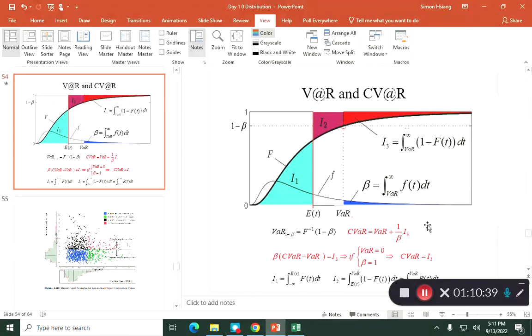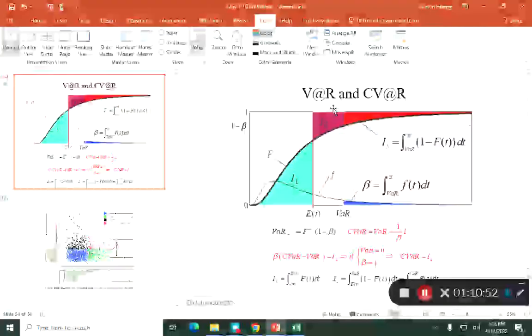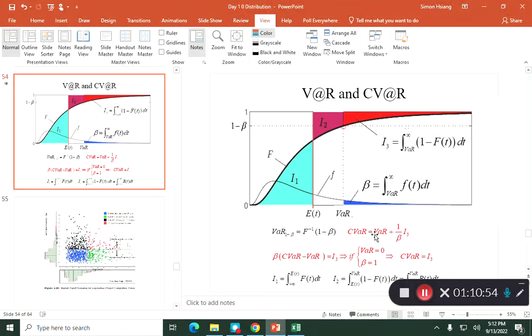That's the reason why we need to figure out how to model the distribution based on the data, and then use that distribution to decide where to make the VAR cut. And the performance of the VAR and that distribution will be CVAR equal to VAR plus I3 divided by beta.